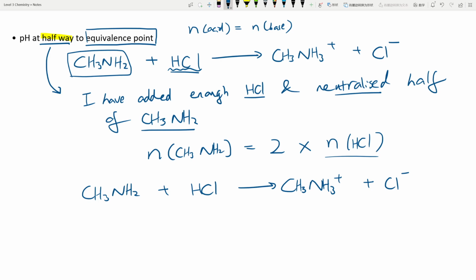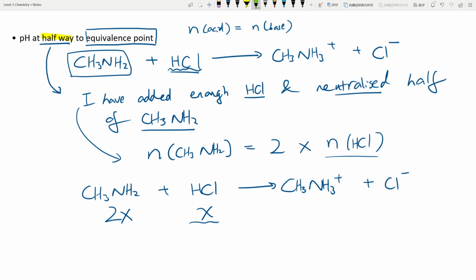So if this is X, this is going to be 2X. Okay, and what it means is that I've added, again, go back to the definition, I've added enough HCl, and I neutralized half of the CH3NH2.